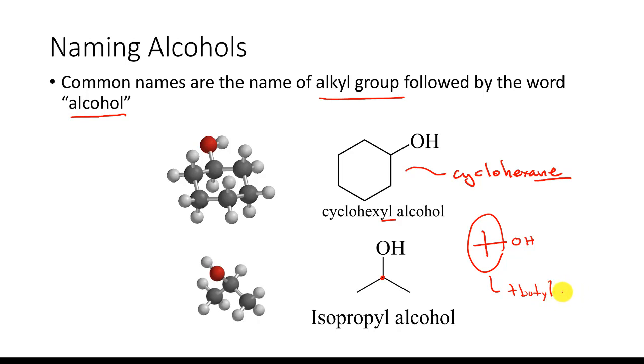So this becomes t-butyl alcohol. This would be CH3CH2OH. This would be ethyl alcohol. And so forth. You just name the alkyl substituent, and then you add the word alcohol.